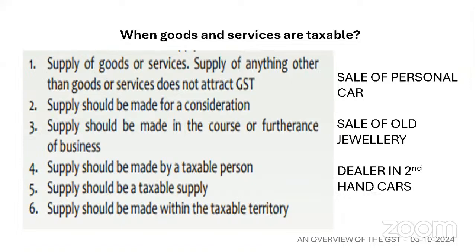In the olden law, if the market price was more than the transaction value, then the government was levying tax on the market value of the product. In my example, the market value was 500, whereas the actual transaction value is only 100 rupees, so the government was levying tax on 500 rupees, not on the actual transaction value of 100 rupees.